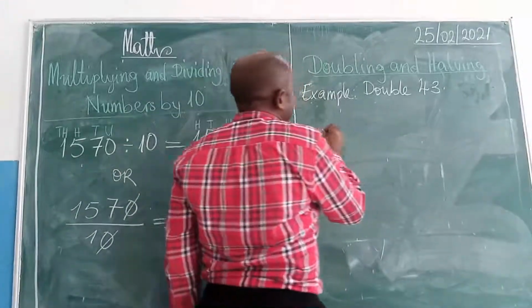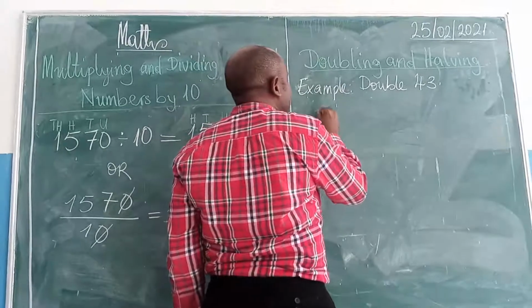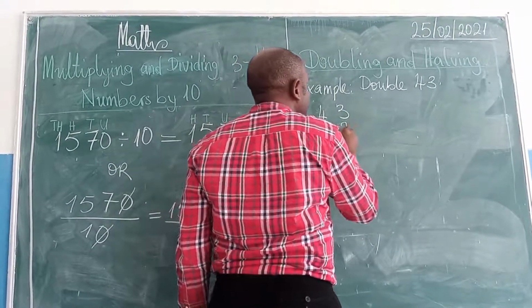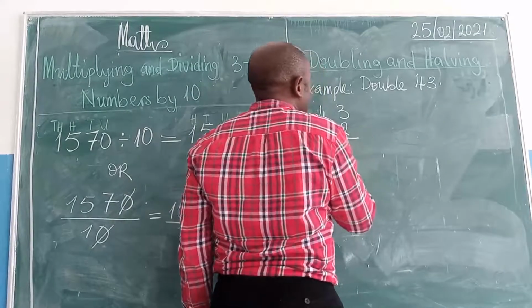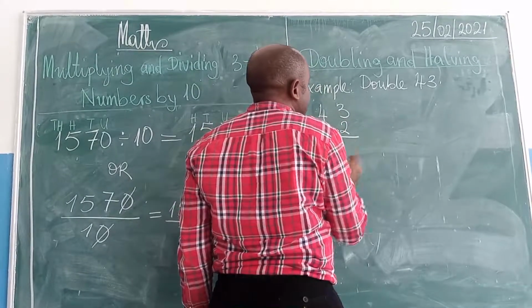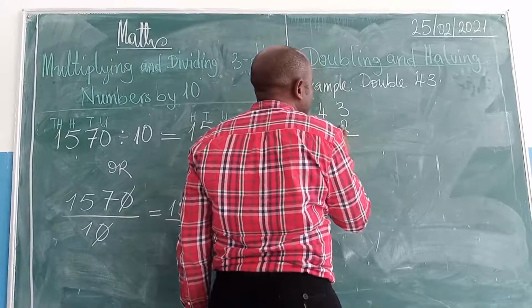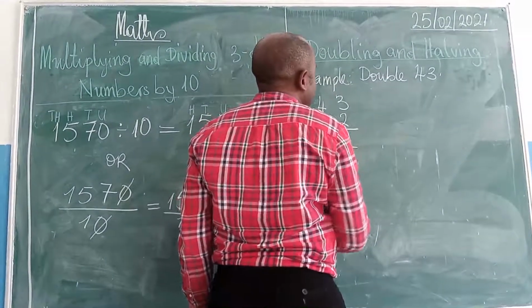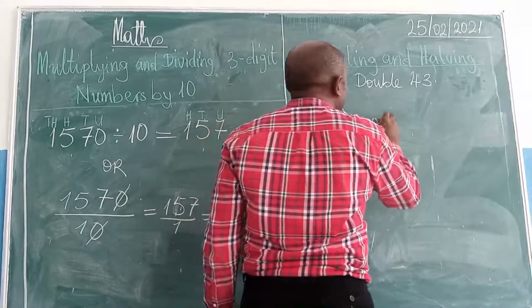So let's start with the first one, multiply it by 2. 43 times 2. 2 times 3 is 6. 2 times 4 is 8. So my answer is 86.